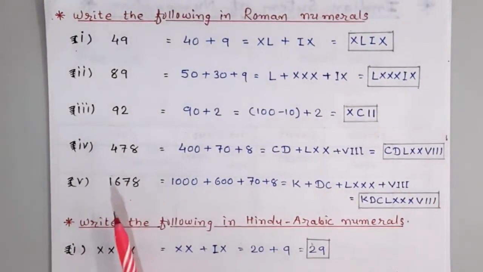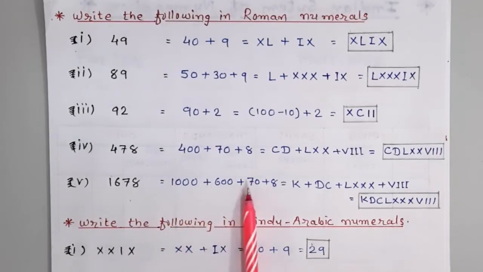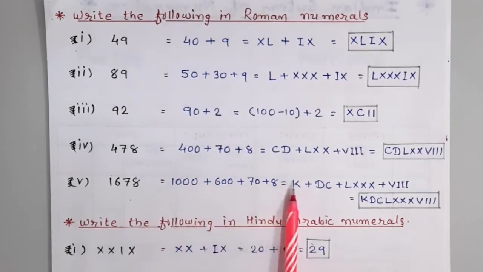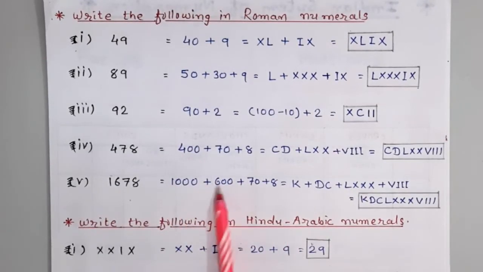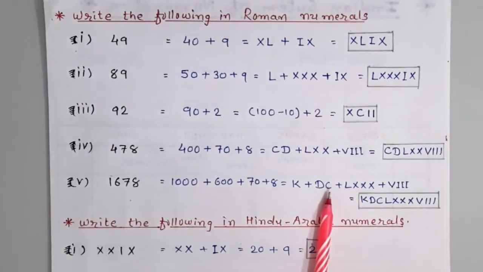Now take another example, 1678. Split up like this: 1000 means M, 600 means 500 plus 100, so D plus C. Now see carefully, here I am putting the C on the right side of the D, so 500 plus 100 is 600.